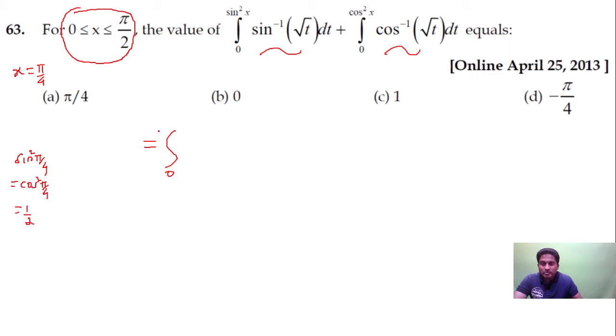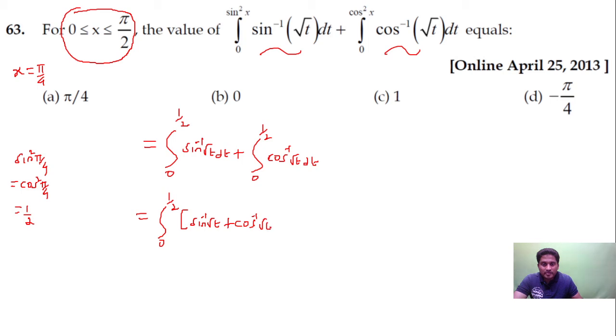So this is the integral from 0 to half of sine inverse of root t, plus the integral from 0 to half of cos inverse of root t dt. So I can write this as the integral from 0 to half, taking this in a bracket, of sine inverse of root t plus cos inverse of root t, dt.